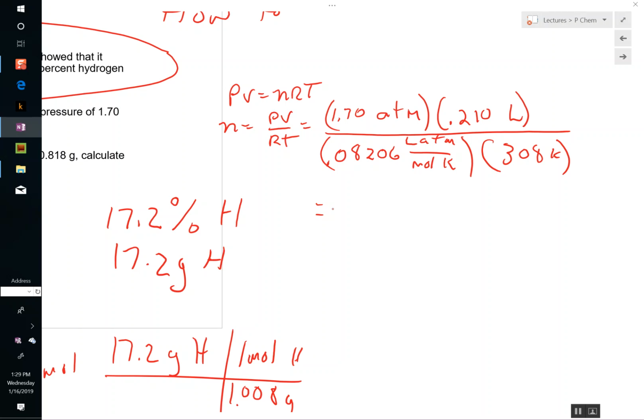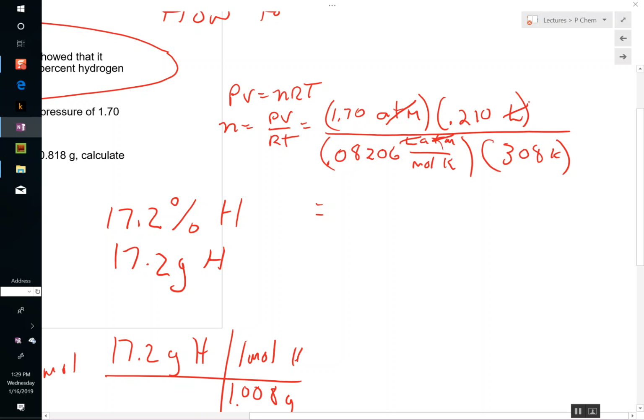Okay, let's work down through it one step at a time here. It'll just reiterate what I've been saying about dimensional analysis and units, paying attention to units, which is going to be a key part of some of these complicated calculations, more complicated than this. But our atmospheres are crossing out here.